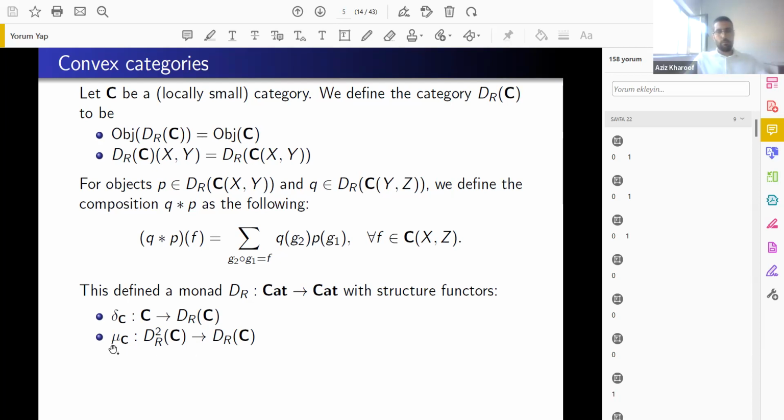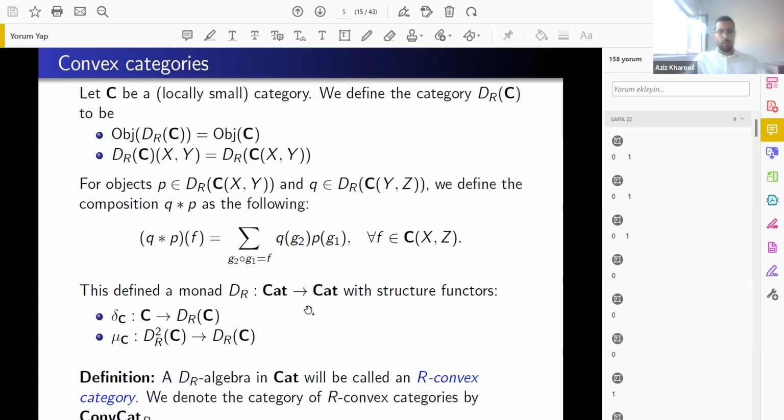The same goes for the multiplication of this monad. So when we have shown that DR is a monad on categories, we can talk about DR algebras in categories, and we will call them convex categories.